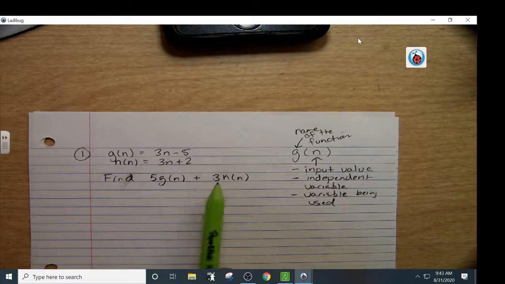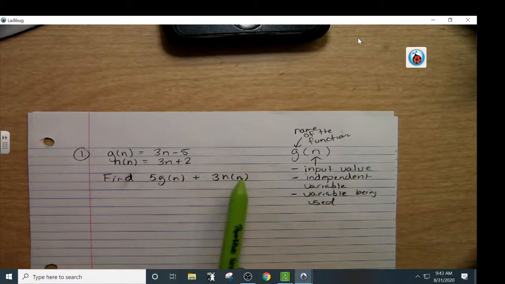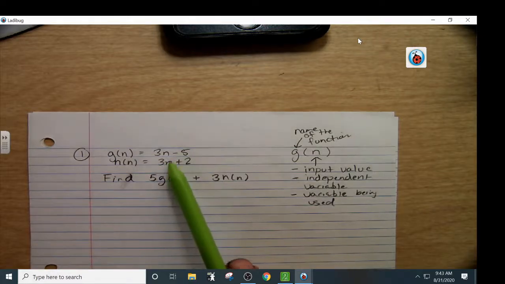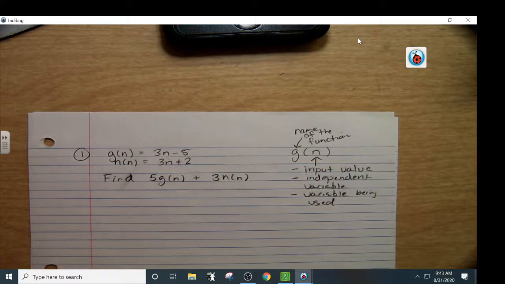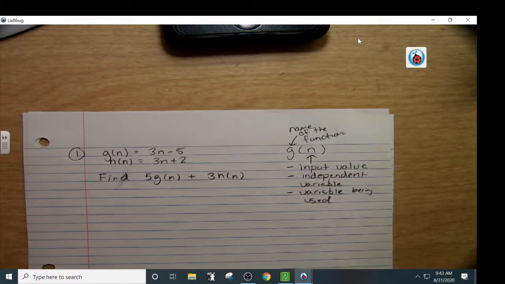You're multiplying them and adding them together. Now, if you notice, it wants you to input n, but what letter is already in our functions? n. So if it says input the letter n and the n's already there, it's already done for you. If there was another variable or another number here, you'd input that in for the n.